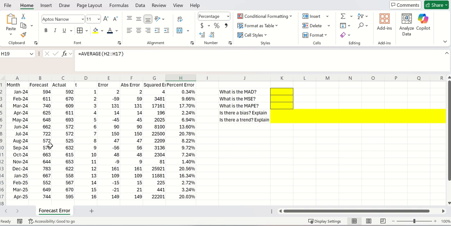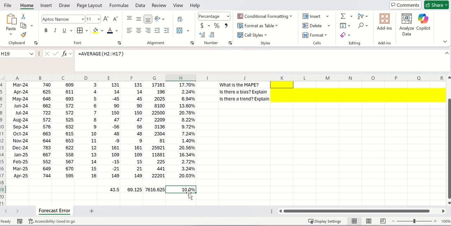Or if they're very small, it is really hard to compare one set of values to another set of values whenever I'm using the absolute error or the squared error. But if I use the percent error, I can always go back and say, on average, I'm off about 10%. And again, as I mentioned to you before, as an analyst, being off by 10% may not be bad. However, if you can make it smaller, you should do everything you can to make it smaller.